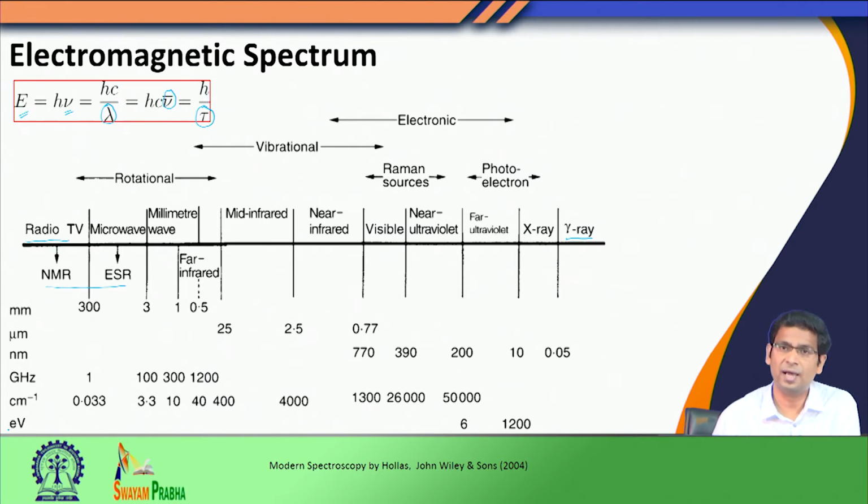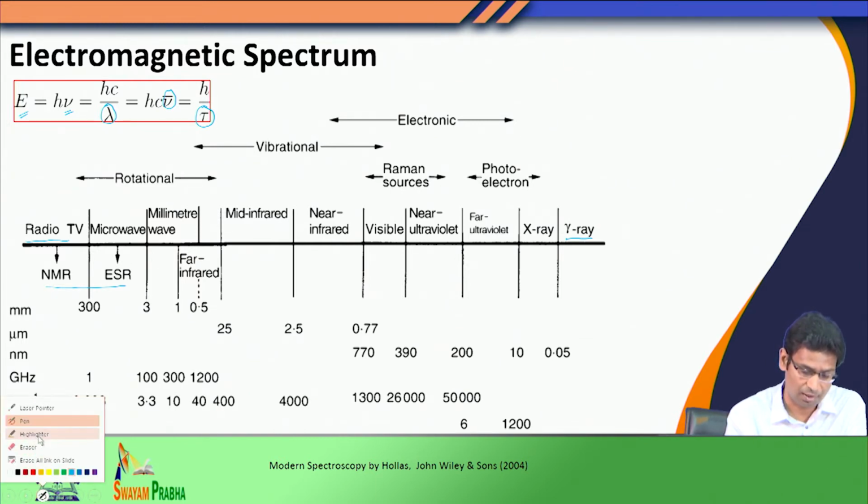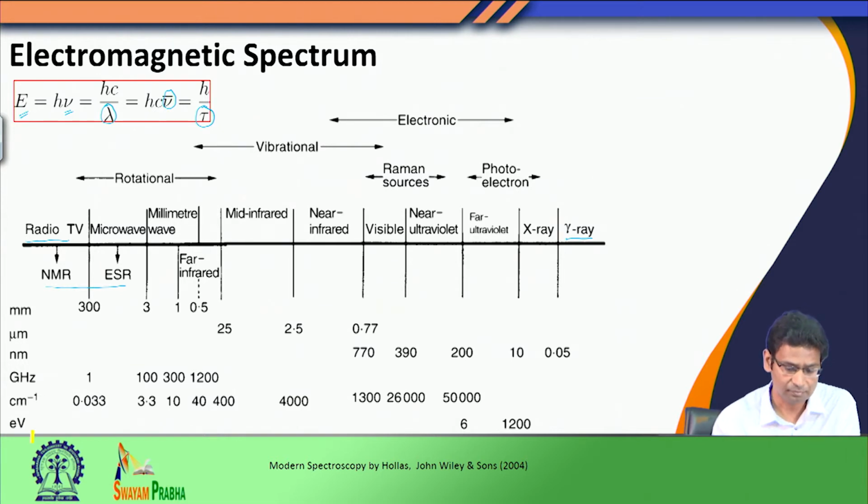In the beginning it may appear confusing, but once you get used to them you will realize that it is very convenient to communicate if we follow different units for different parts of the electromagnetic radiation. In the course of our discussion we will also have some pointers in that direction.